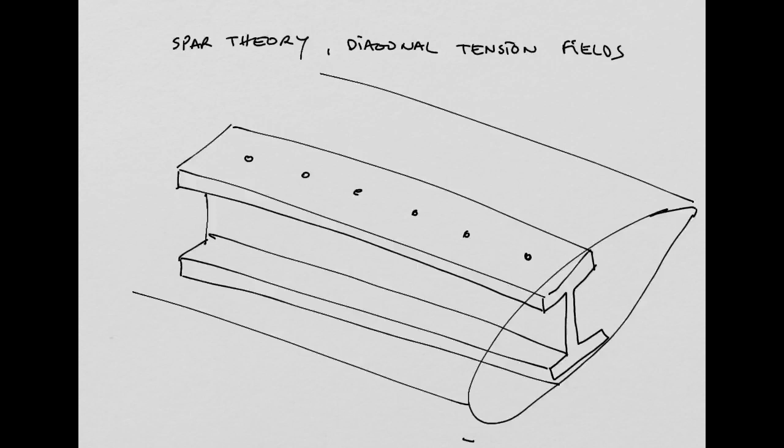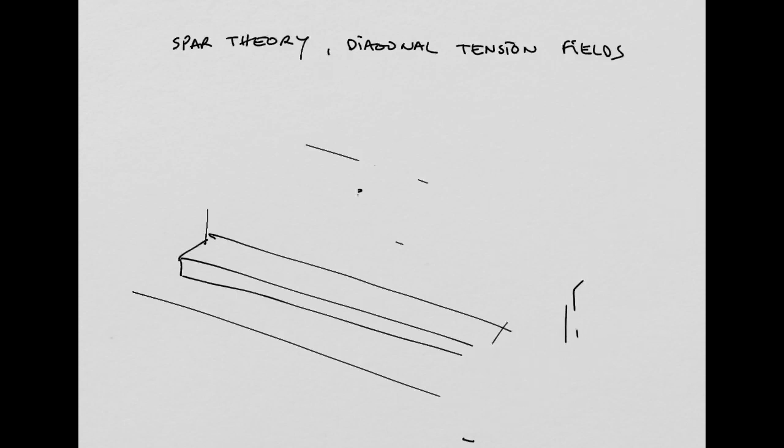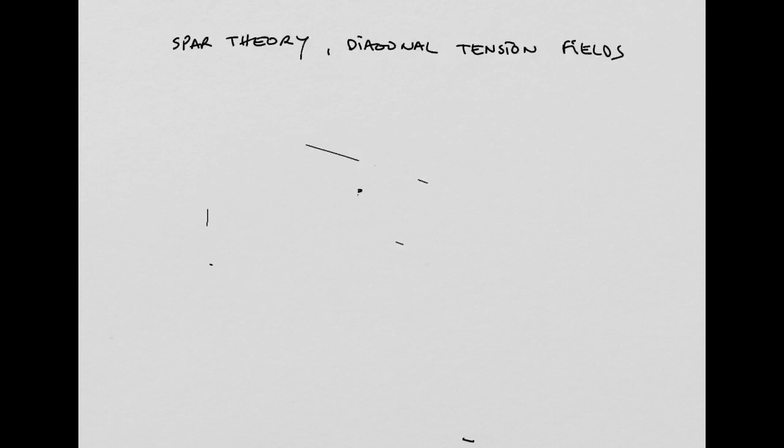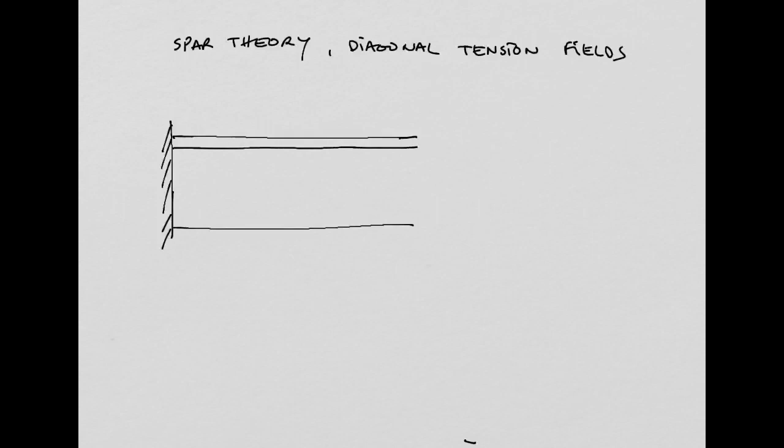Okay. So I'm now basically not going to be drawing all this wing every time in 3D. We are going to be representing this spar as if it is a cantilever beam, where you will have some components that we need to identify here. So you will have this top and bottom flanges.